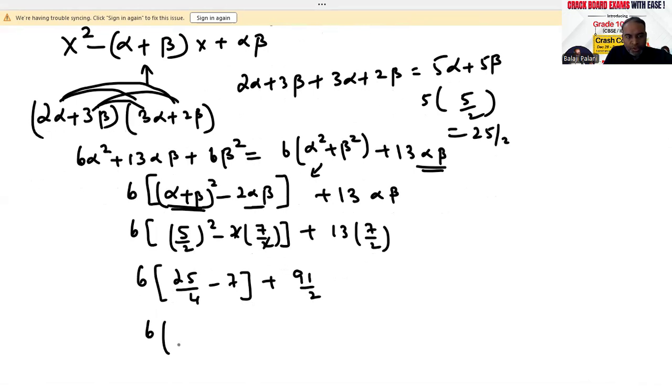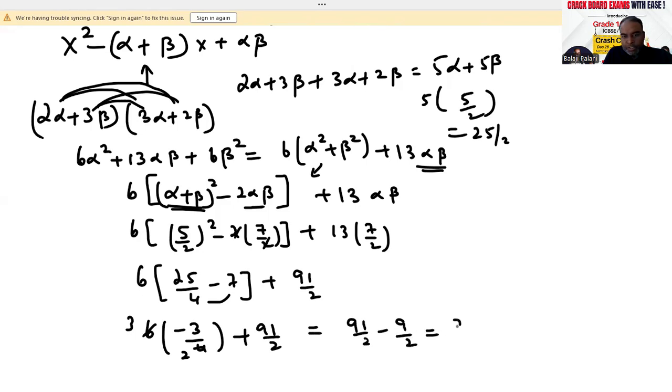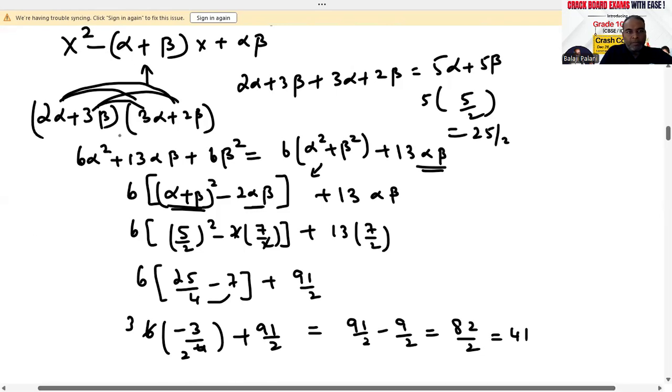So I have 6 into 25, take LCM 25 minus 28, which is minus 3 by 4, plus 91 over 2. Now again, simplifying, this is 3 times, this is 2 times. So it is 91 by 2 minus 9 by 2, which is 82 by 2, and that is 41. All right. So this is going to be the product of the required equation, which is alpha into beta.